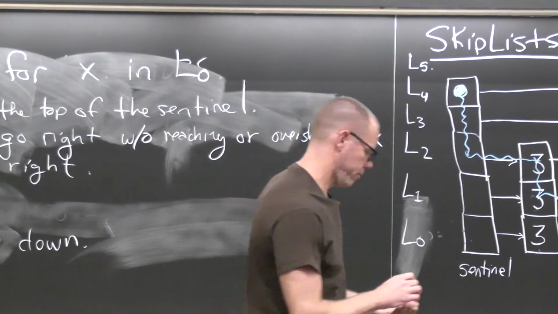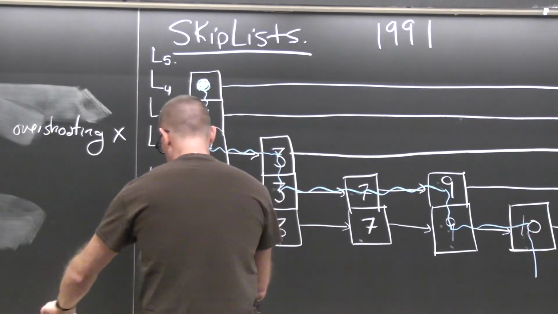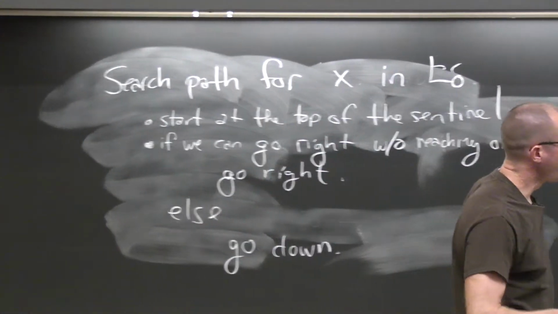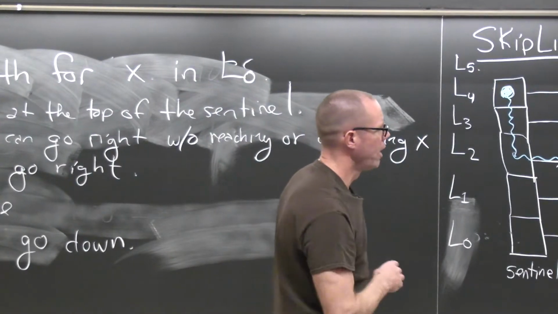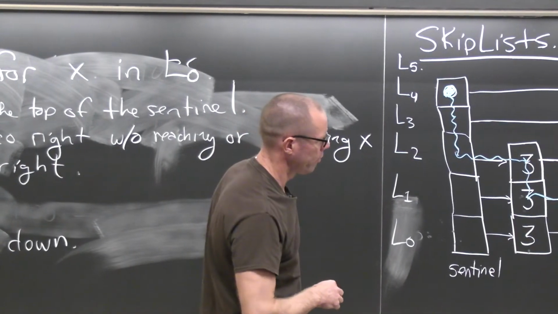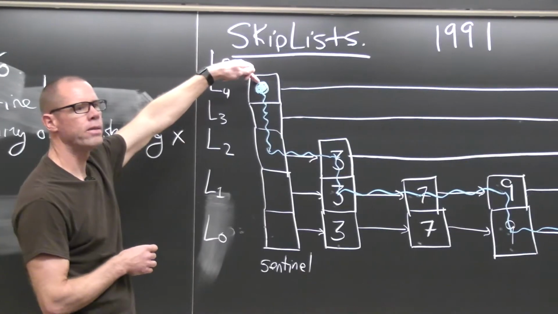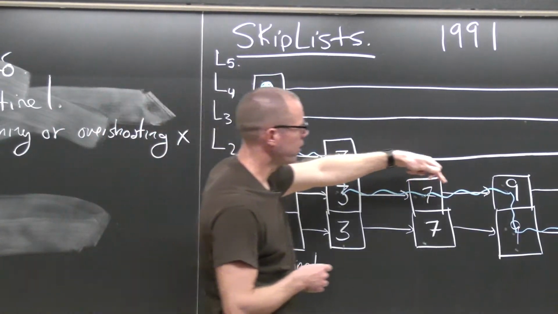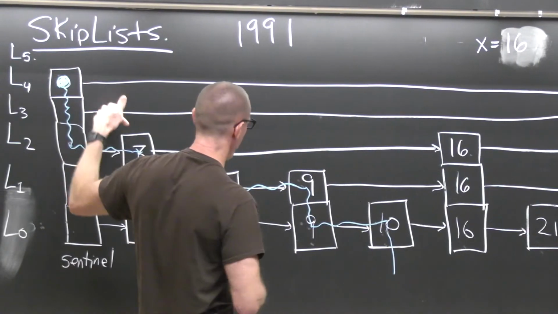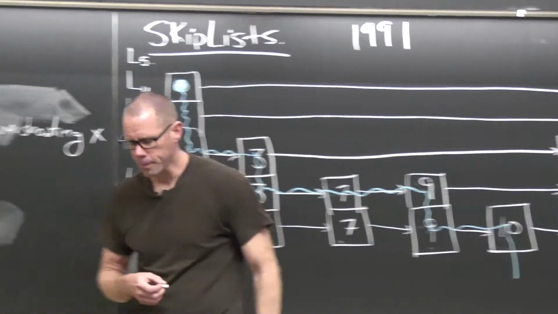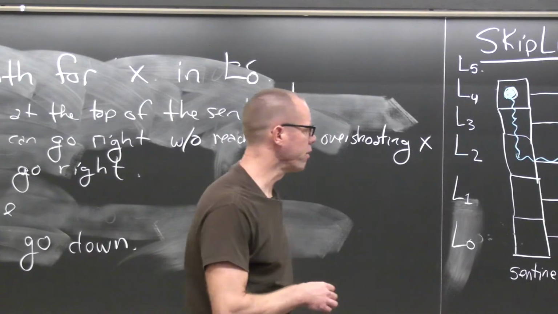All right. So applications. Actually before that, one thing I'll point out, you can think about this for a few seconds. The search path, we defined it by starting at the sentinel and going right whenever we could until we fell off the bottom. There's another way to think of it.